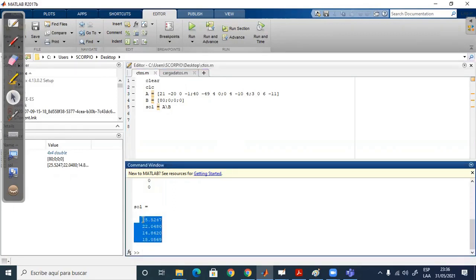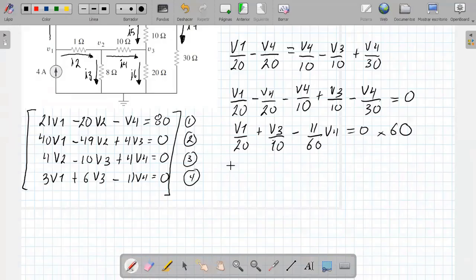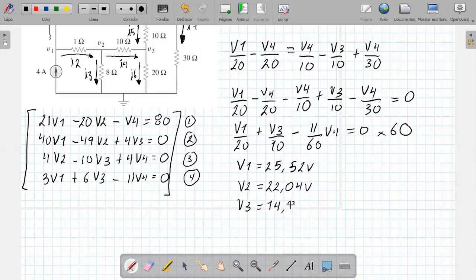Okay, these are the values: V1 is 25.52, V2 is 22.04, V3 is 14.84, and V4 is 15.